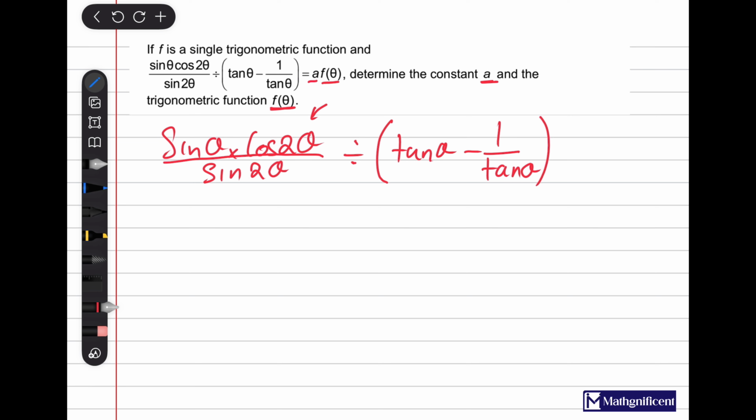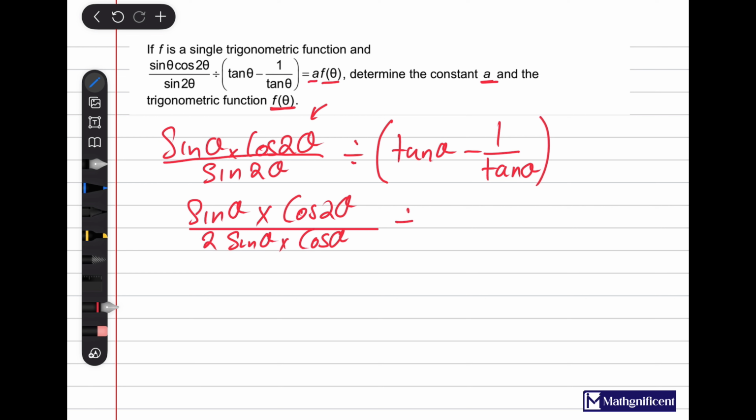So we are going to have sine theta times cos 2 theta, as we said that we are not going to change that one. Then we have sine 2 theta, which is going to be 2 sine theta multiplied by cos theta.